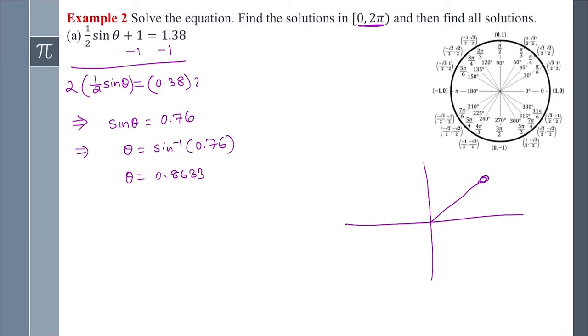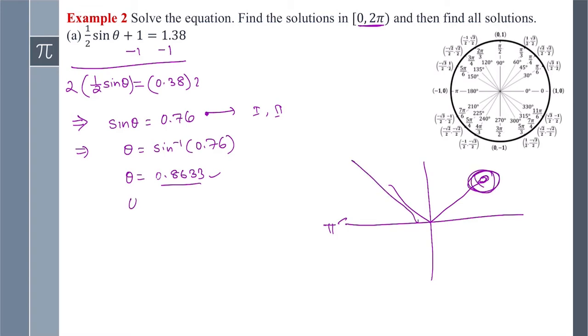Now, sine is positive, which means we have the value of theta in the first and the second quadrant. In the first quadrant, this is the value. In order to find the angle in the second quadrant, we subtract the value of the first quadrant from pi. So pi minus the value in the first quadrant gives us the value in the second quadrant.